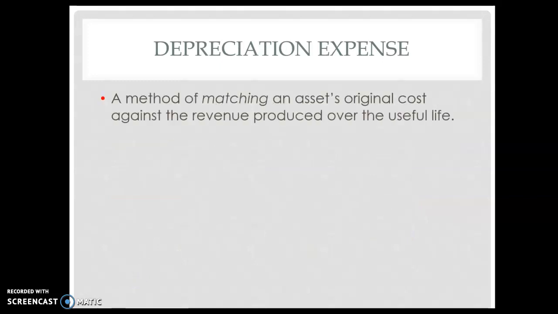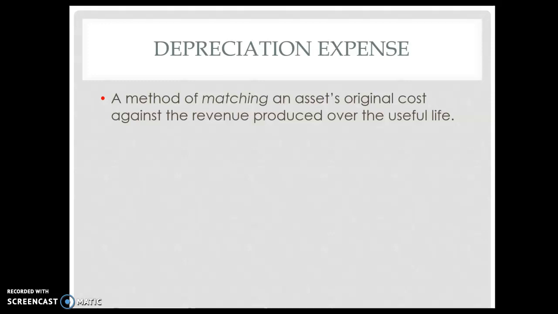So depreciation is a method of matching the asset's original cost against the revenue produced over the useful life. We learned in the last video about the matching principle and how we're trying to match revenues and expenses.